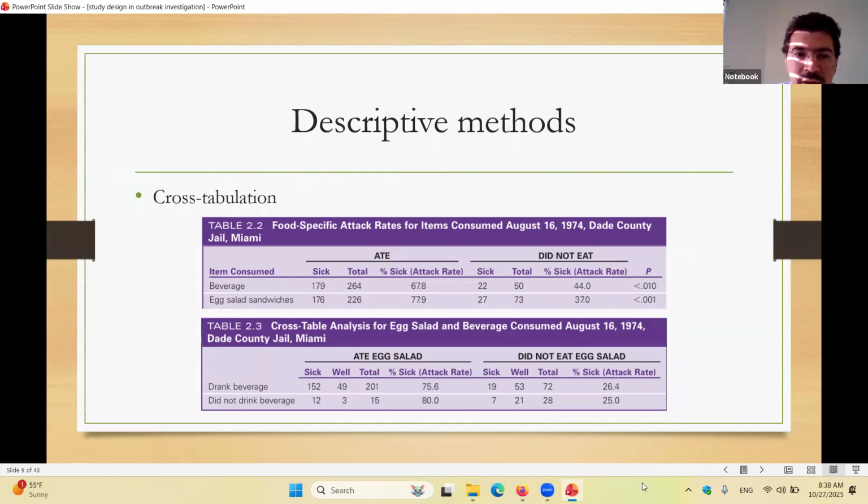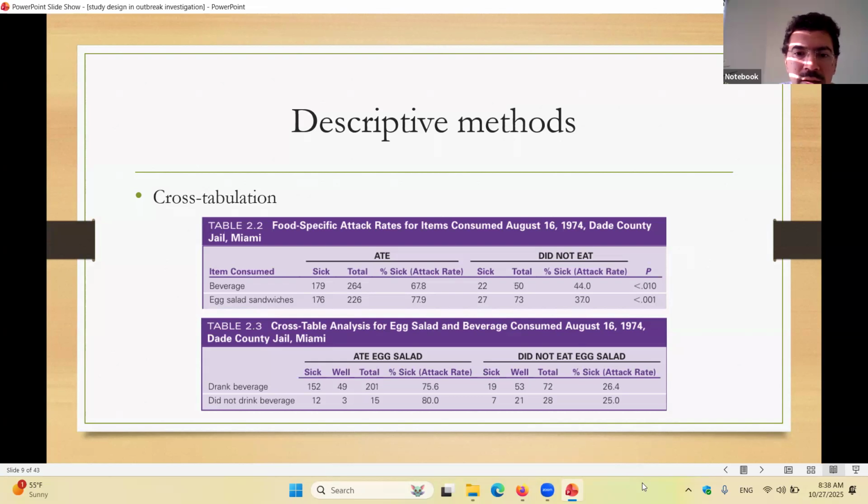For example, after this cross-tabulation, we can generate this hypothesis that egg salad may be a source for an outbreak.